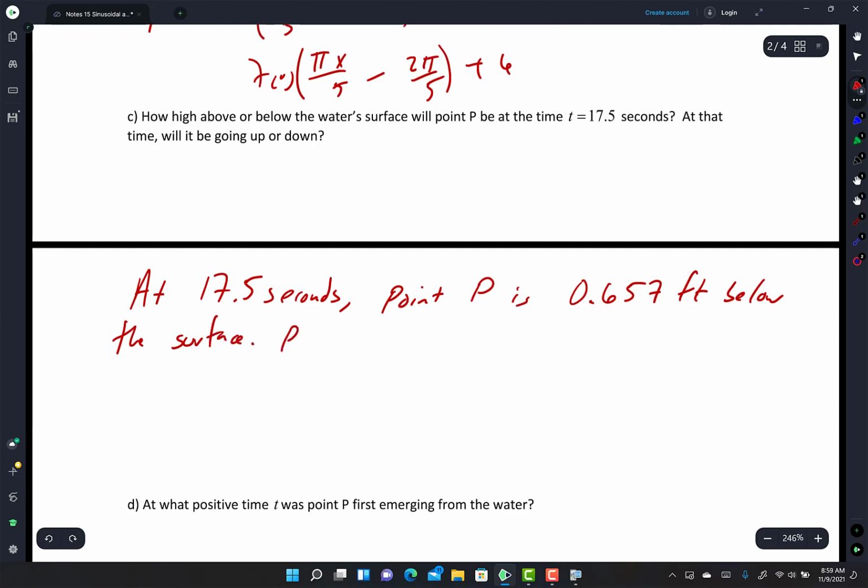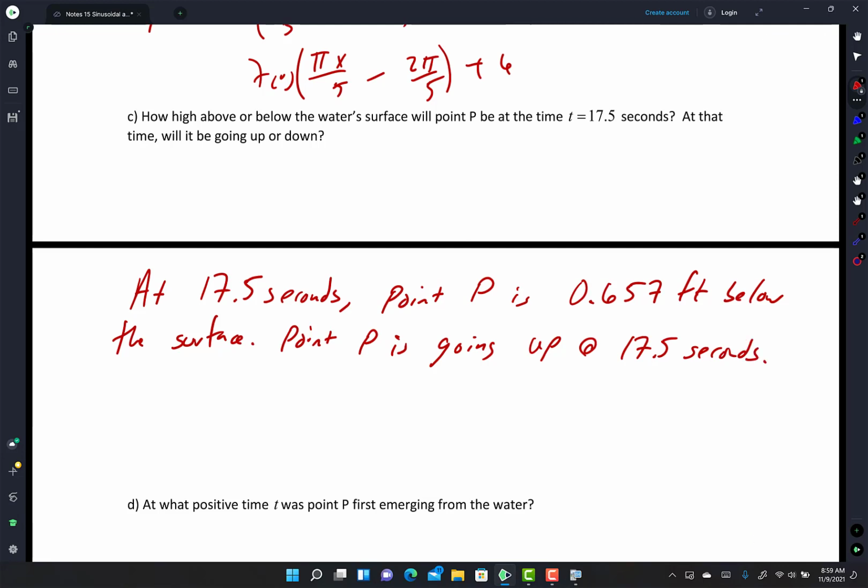Period. Point P is going up at 17.5 seconds. To reiterate, there it is, full credit. We answered the question.